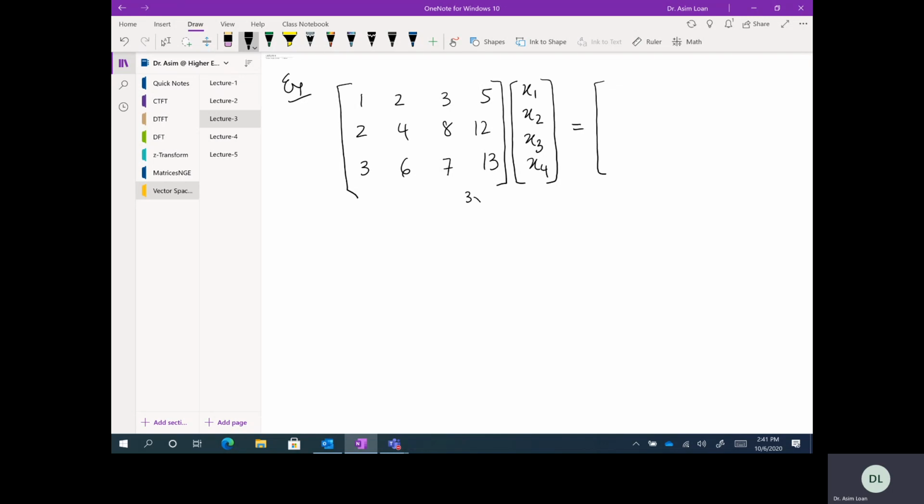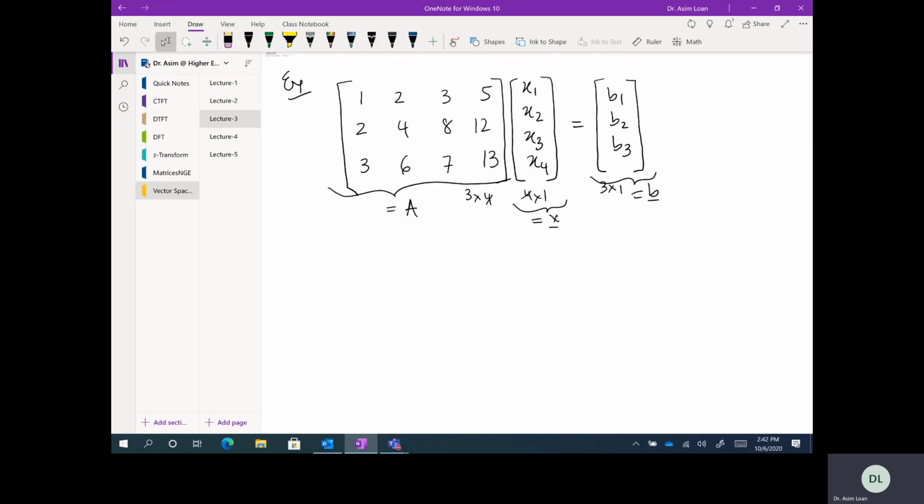So this is 3 by 4, this is 4 by 1, obviously this is 3 by 1. Obviously we want to find when does Ax = b have a solution, and for what b's does the solution exist. So this is A, this is x, and this is b.